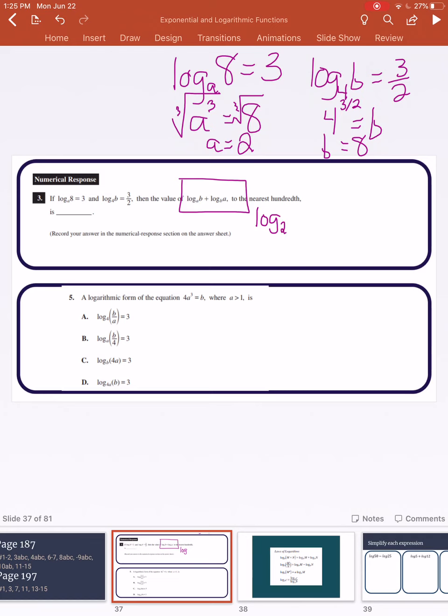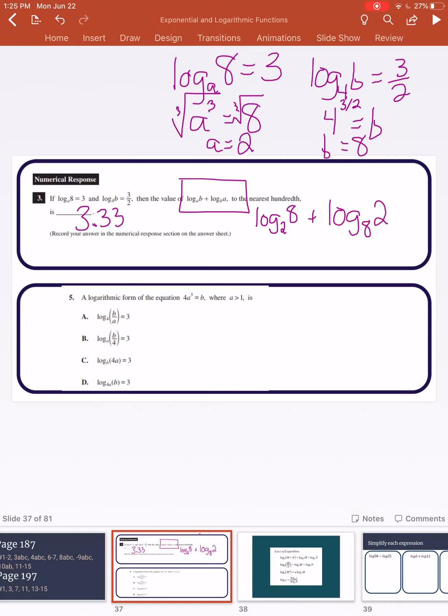So log a, which is 2, b, which is 8, plus log b, which is 8, a, which is 2. I'll just go ahead and type that in my calculator. So try typing that in. You should get 3.33 as your answer.